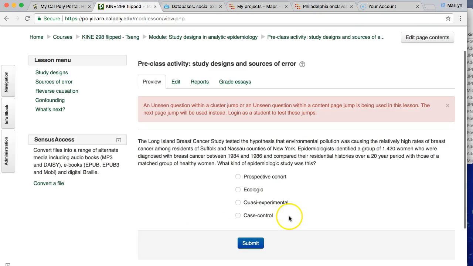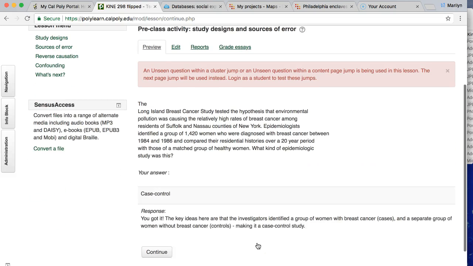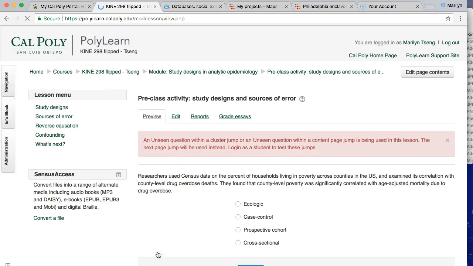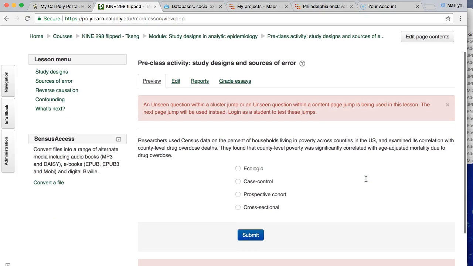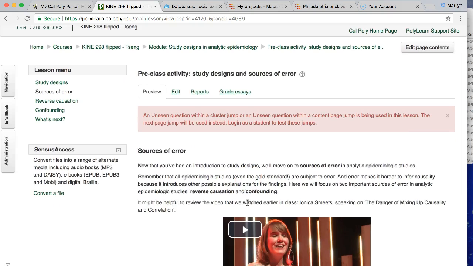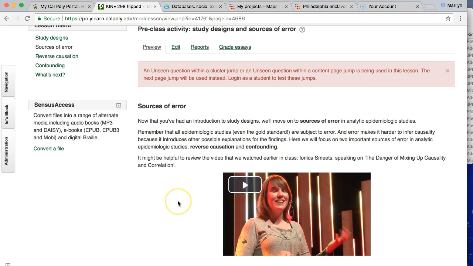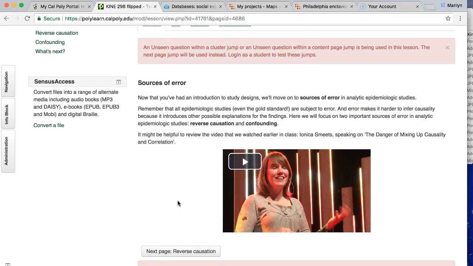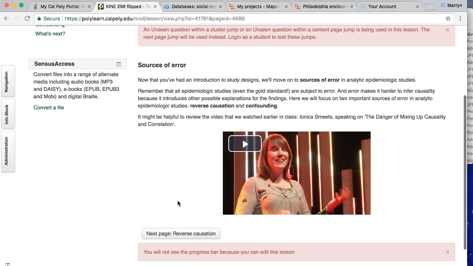They get 2 tries total, and if they get the right answer, which in this case is this one, then it would give them that feedback and they can continue. There are 5 questions on this, and they would all look like this. Once they've completed that formative assessment, they can move on to the next part of the pre-class activity, which is sources of error.